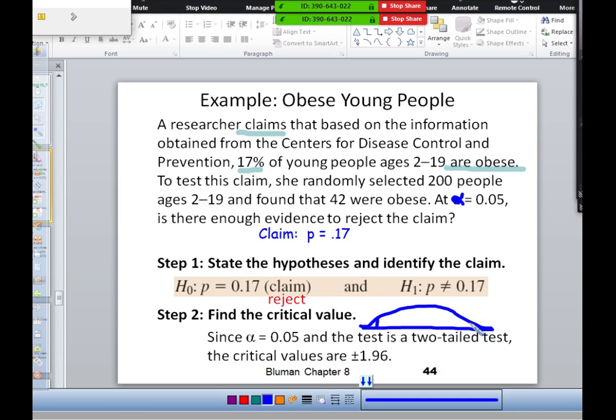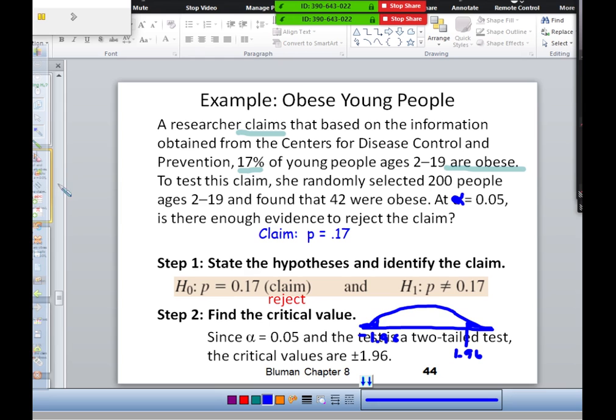I'm going to shade over here, shade over there. This is negative 1.96, and this over here would be positive 1.96. So now I've found my critical value, and I've drawn a picture and shaded correctly.